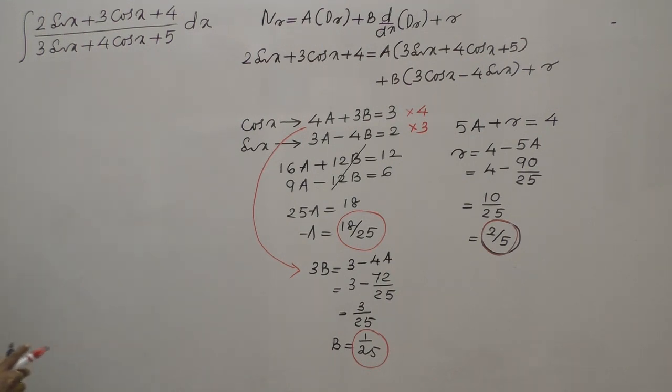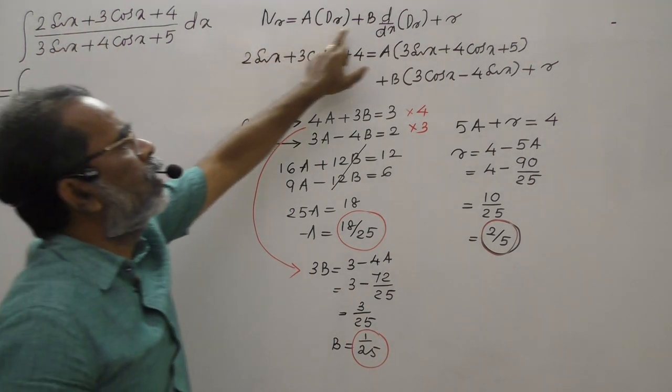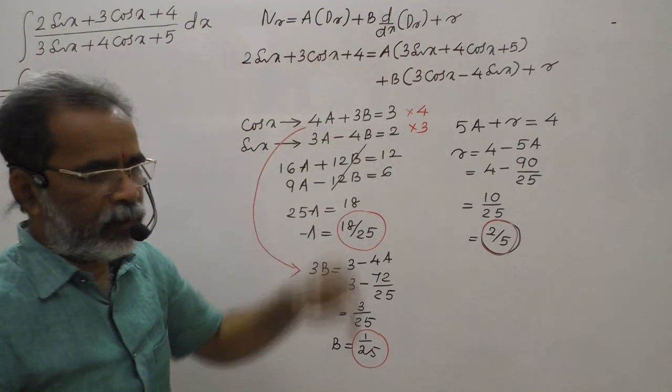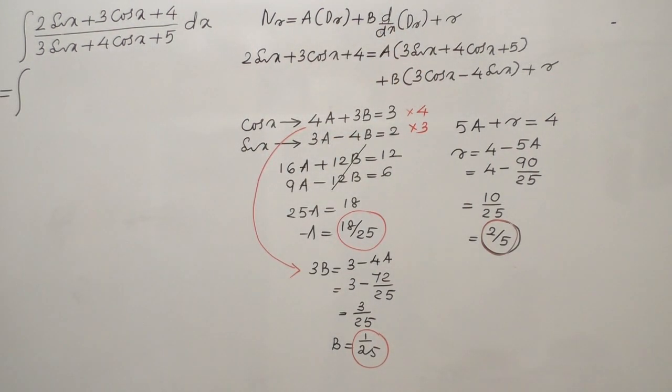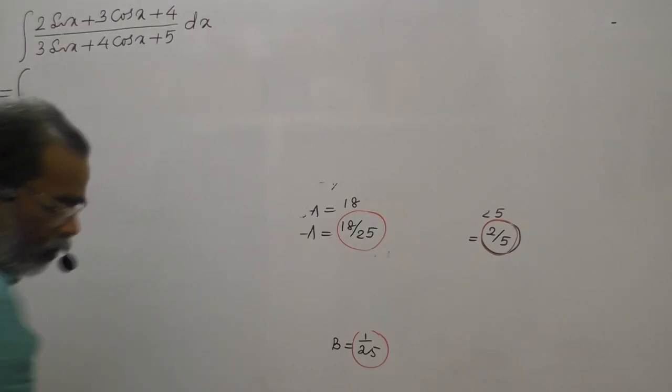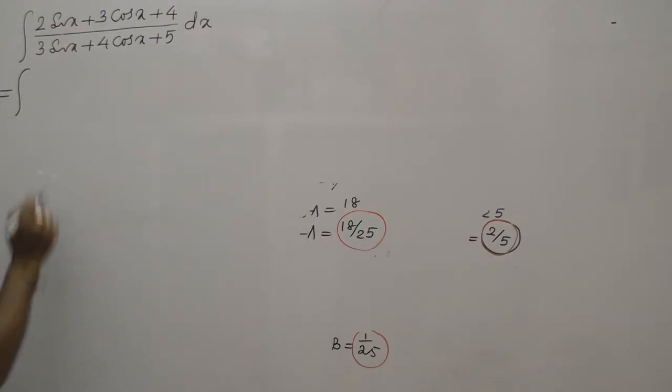Now coming to this, listen carefully, it is a lengthy problem. Here numerator can be written as this. Space is not sufficient, so I will erase this. So what was the procedure?